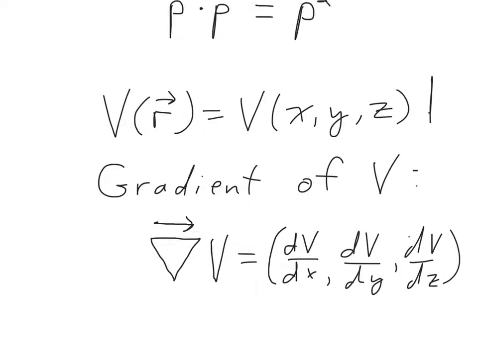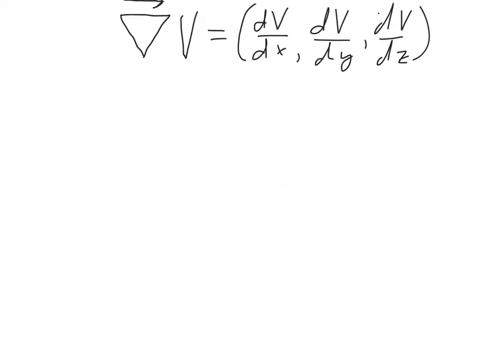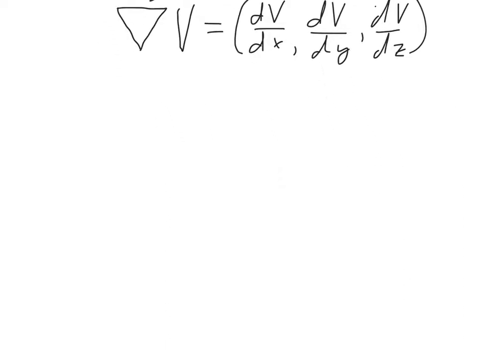Let me do a little bit more explanation of what the gradient of v is, what the gradient means. So suppose instead of 3 dimensions we have 2 dimensions.